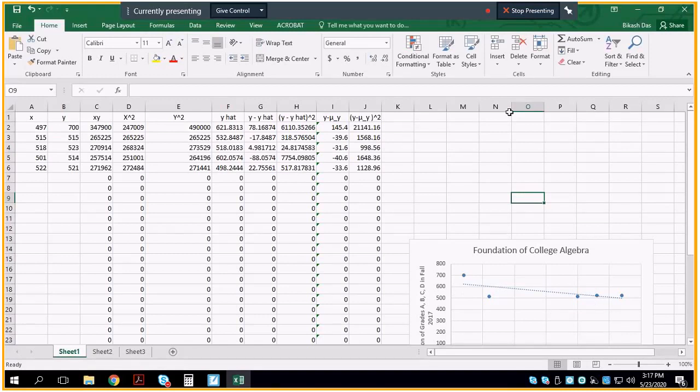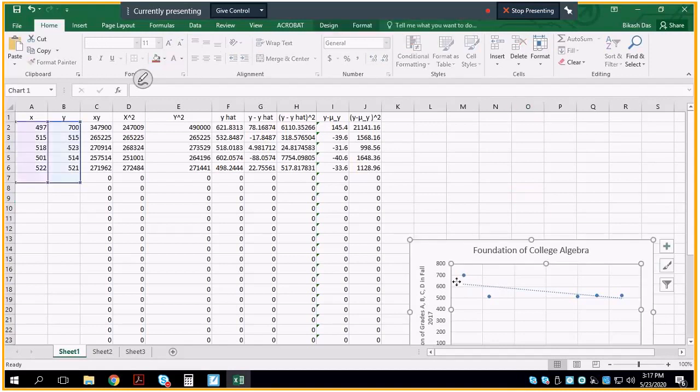That means the slope has become negative. It was a positive slope, it has become a negative slope. What else has changed? If you continue this line and let it cross the y-axis, you will find that it crosses the y-axis at a much higher point than it was crossing initially. So these are the two changes that we're going to describe in the last problem.